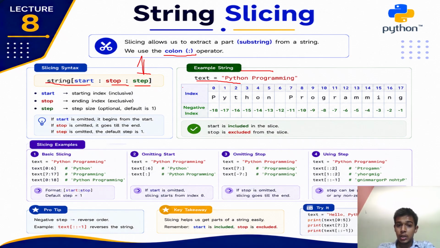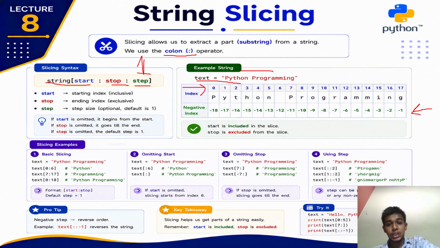As you can see, from left to right is the positive indexing, and from right to left is the negative indexing. This indexing helps Python know exactly which character we want to extract. Always remember one important rule: the start index is included, but the stop index is not included. This is one of the most common interview and exam questions.